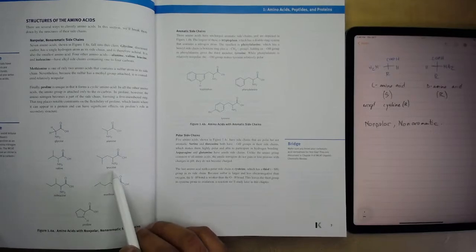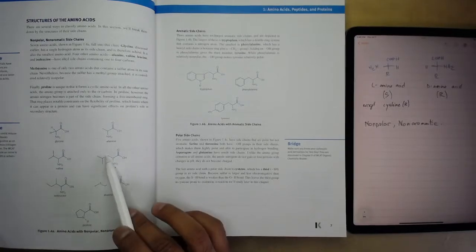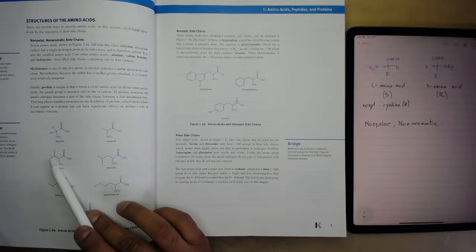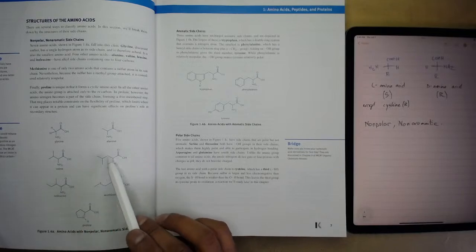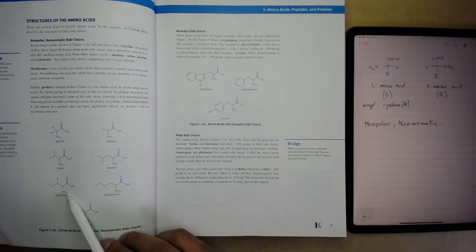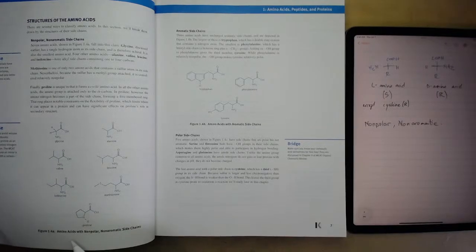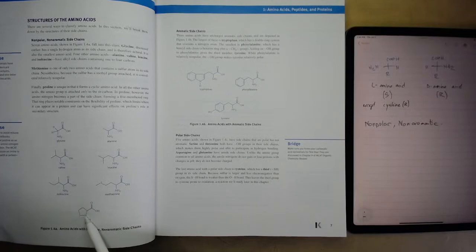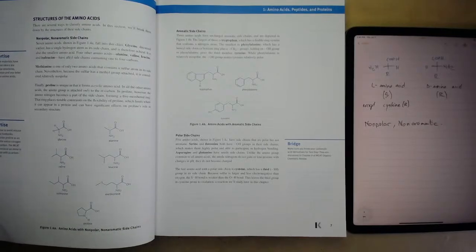Alanine, valine, leucine, isoleucine, all alkyl side chains, with 1, 3, 4, and 4 carbons. Methionine with the sulfur, and then an alkyl group after that. And proline, where its side chain makes a ring with the nitrogen, so the nitrogen is actually part of the side chain.